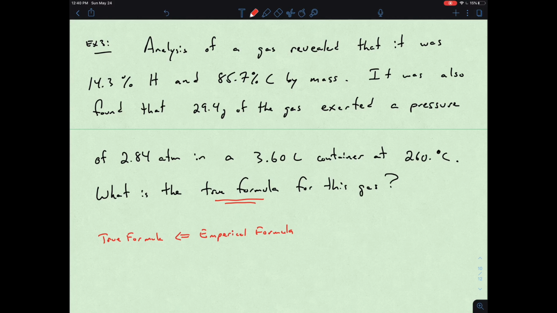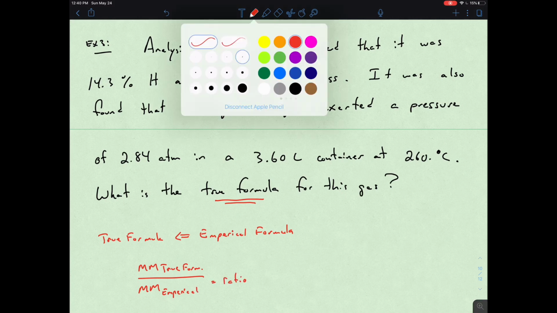If we take the molar mass of our true formula and divide it by the molar mass of our empirical, we get a ratio which connects the two.